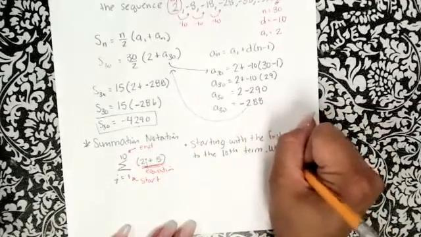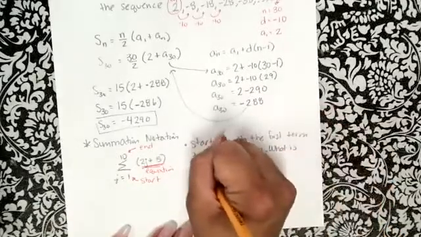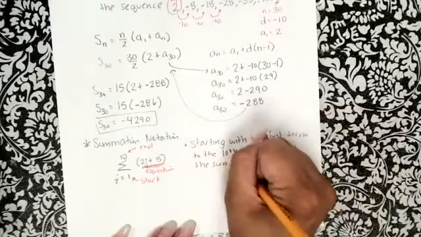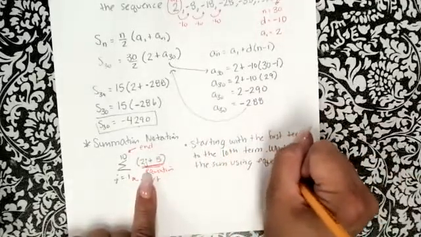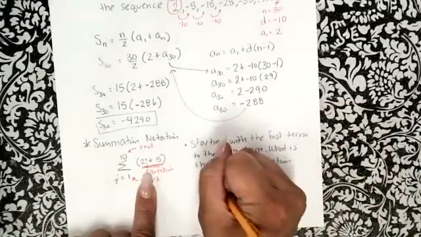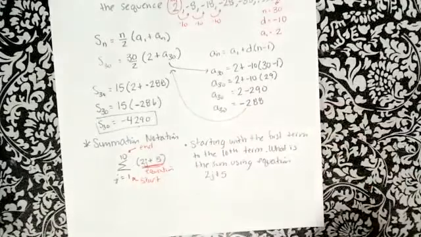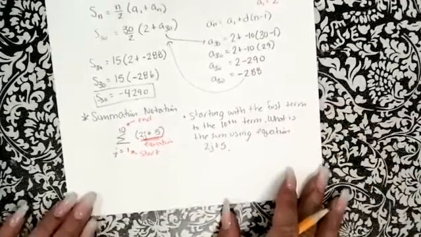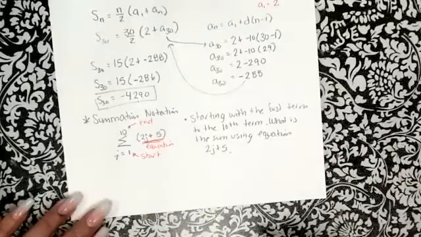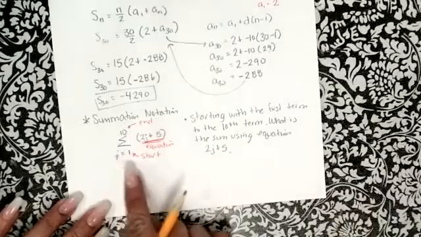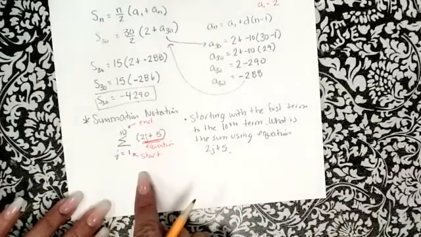What is the sum using the equation 2j plus 5? So if I asked you for this right here, I'm asking you to find the sum.